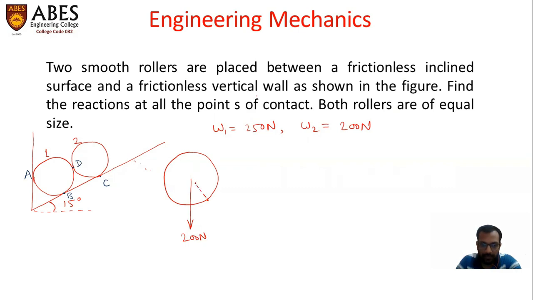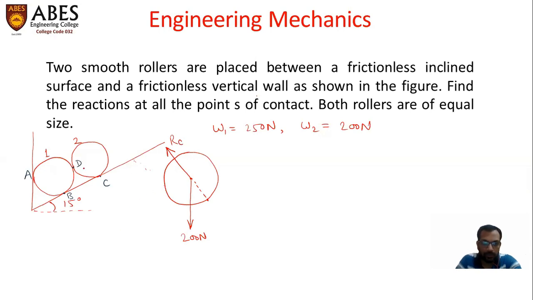According to the principle of transmissibility, we can show this reaction at this point also. We can transfer a force anywhere along its line of action within the limits of that object. So we can show the reaction at point C at the center of this roller, and this reaction will be represented as RC.